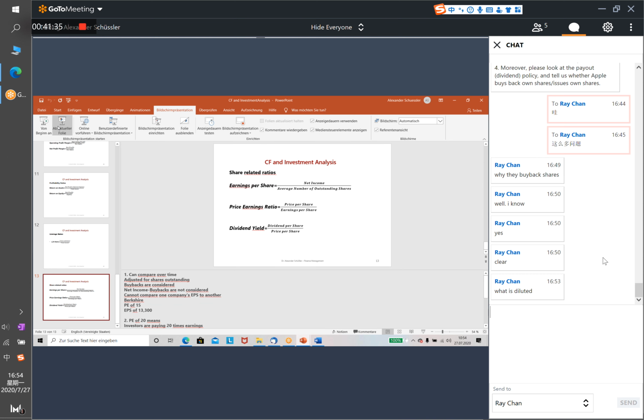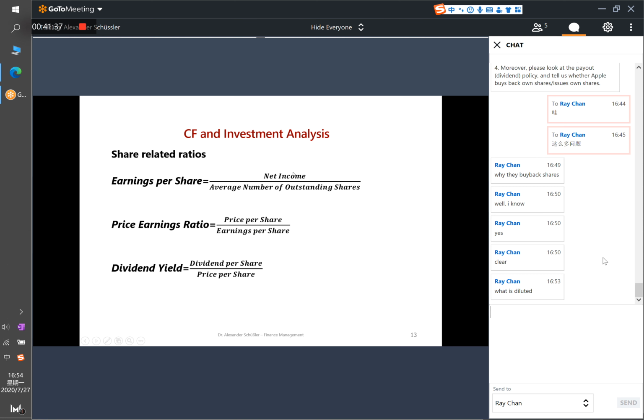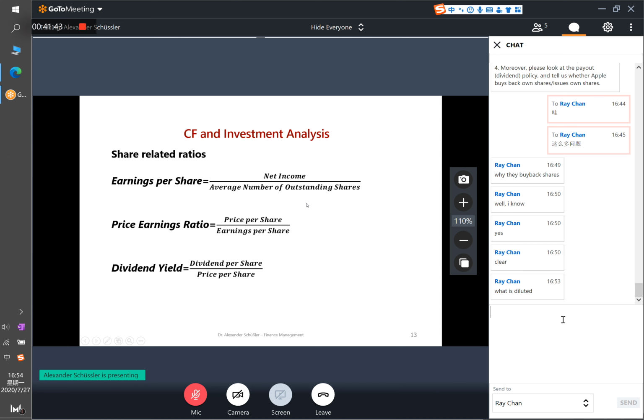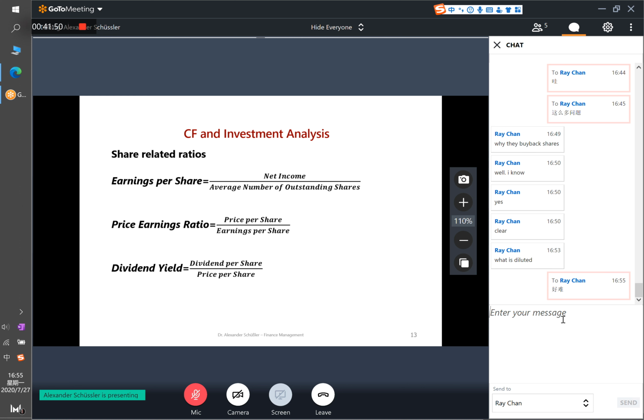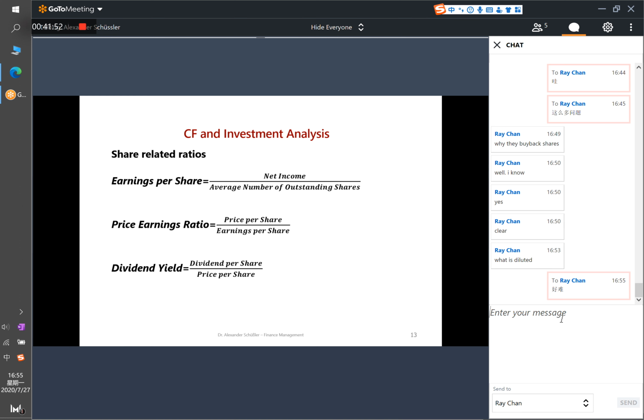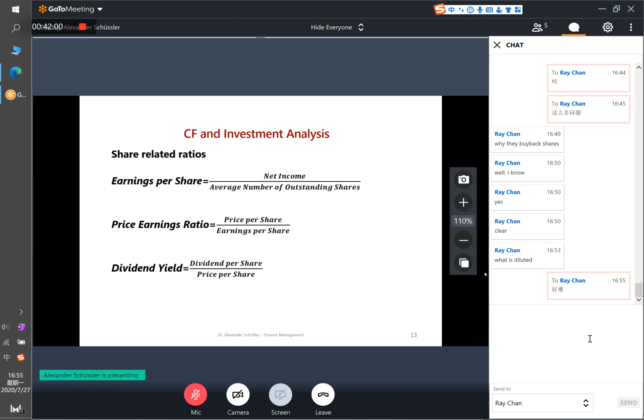Here you see how earnings per share are calculated. You take the net income, and then you take the average number of shares outstanding. If they go down, as is the case with Apple, then earnings per share develop more favorably than net income. Does that make sense? Yes. Okay. All right.